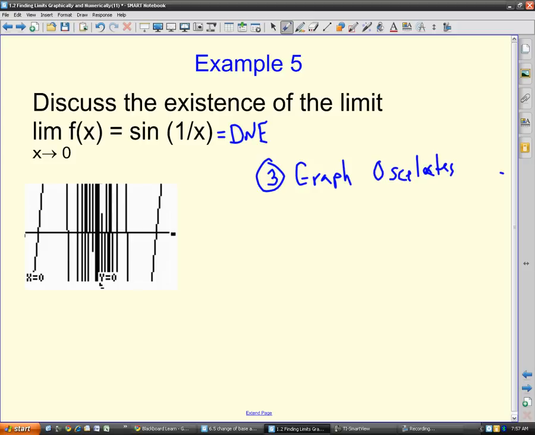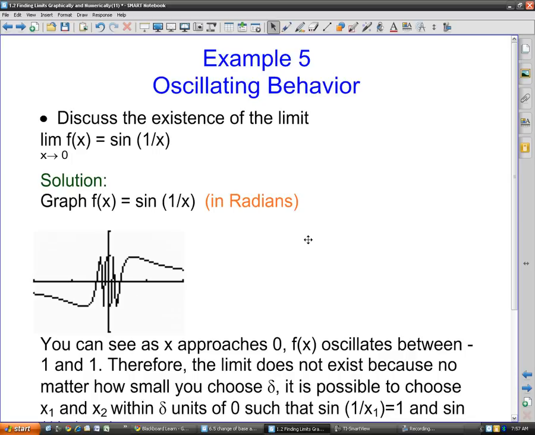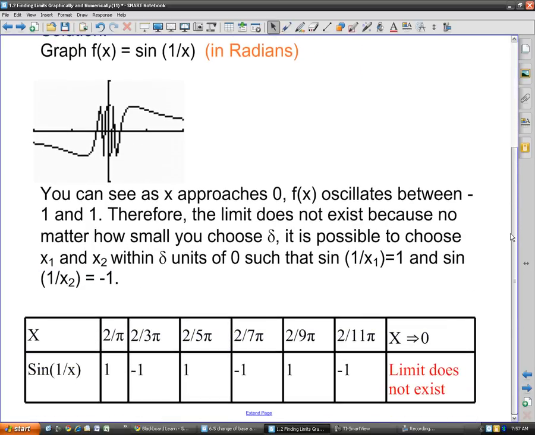And so that's really what we're talking about. So there are 3 ways limits do not exist. And this is what they're talking about, and you can go through and see the solution. They did all the graph, and they plotted points, and you can see how it jumps from positive to negative. So pause it if you want to look at it and read it a little further. But those are the 3 common ways that a limit does not exist.